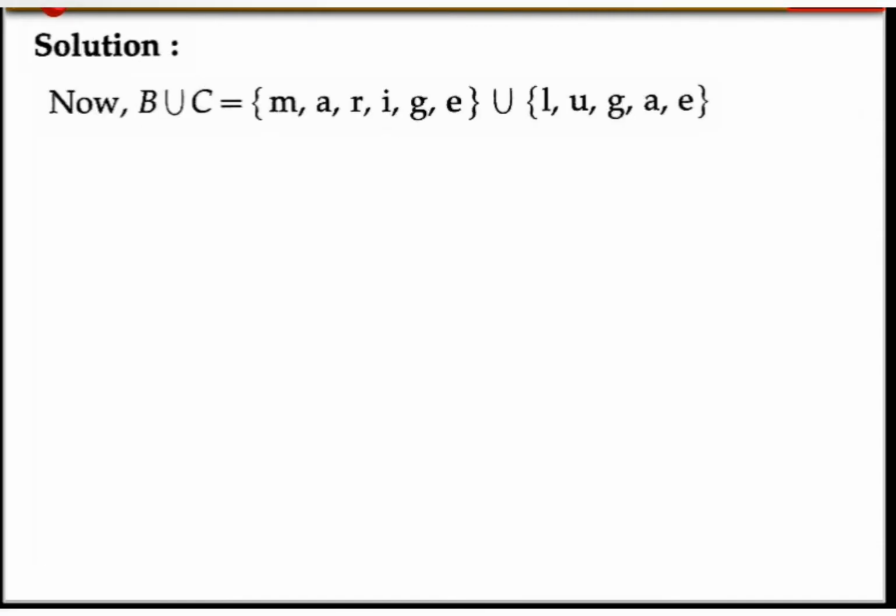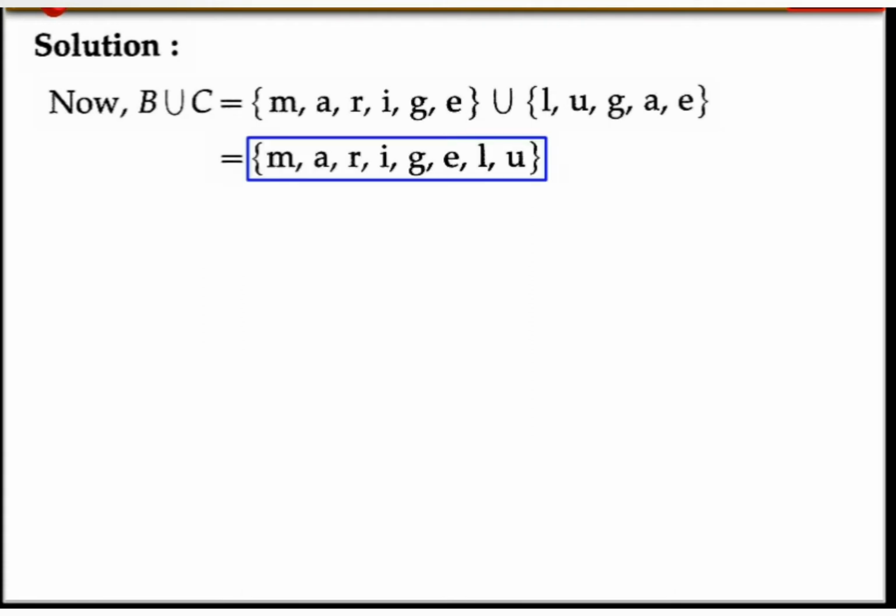Now B ∪ C would be {M, A, R, I, G, E} ∪ {L, U, G, A, E}, which means it is {M, A, R, I, G, E, L, U}.